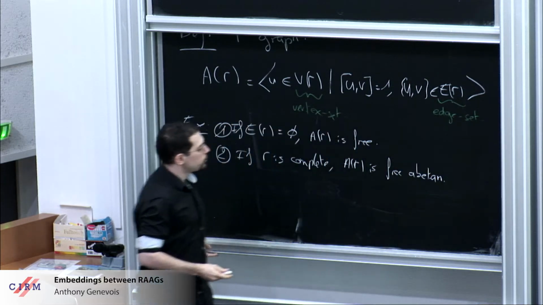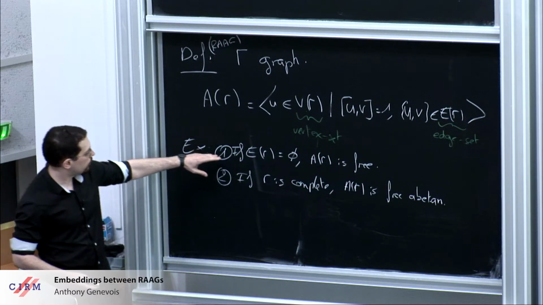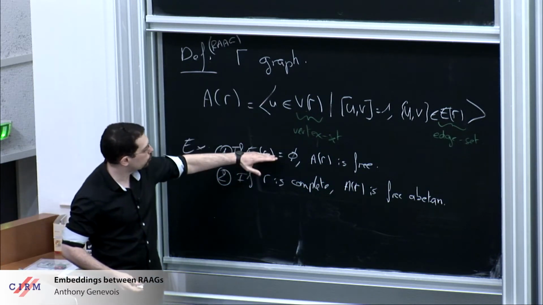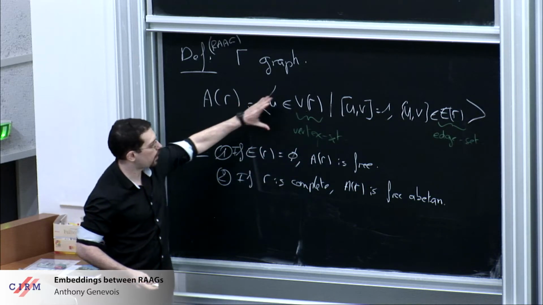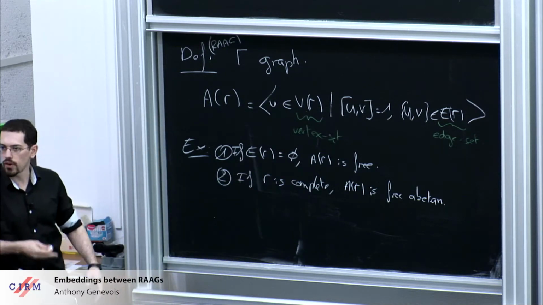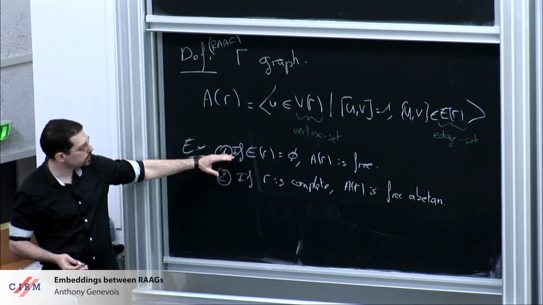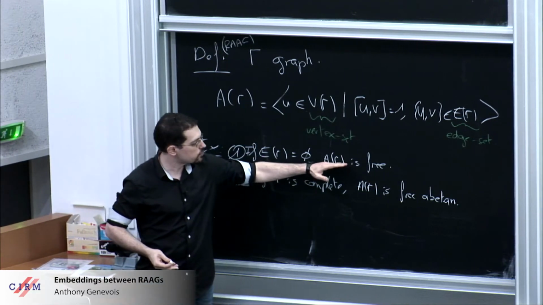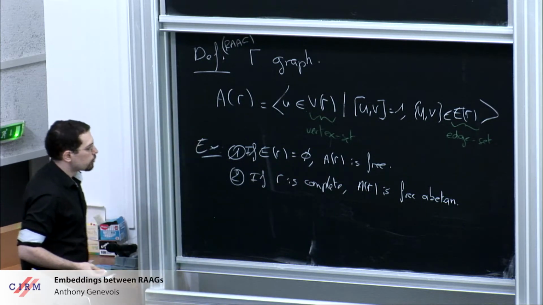Okay? So the picture to keep in mind is that if there is no commutation, you have a free group. If you have commutation as much as possible, it's a free abelian group, and everything in between is the family of right-angled Artin groups. So usually one says that right-angled Artin groups define an interpolation between non-abelian free groups and free abelian groups.